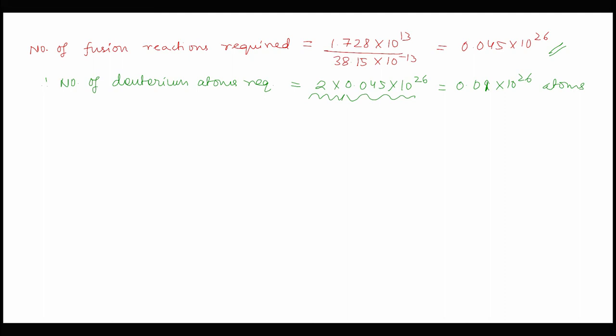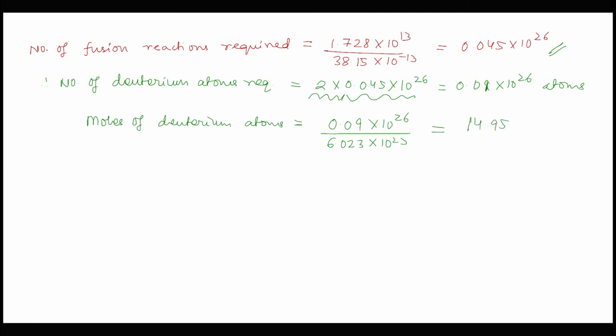If we calculate the number of moles of deuterium atoms, it can be calculated by dividing by the Avogadro number. So we take 0.09 into 10 to the power 26 atoms divided by the Avogadro number, that is 6.023 into 10 to the power 23, and we obtain 14.95 moles of deuterium atoms.